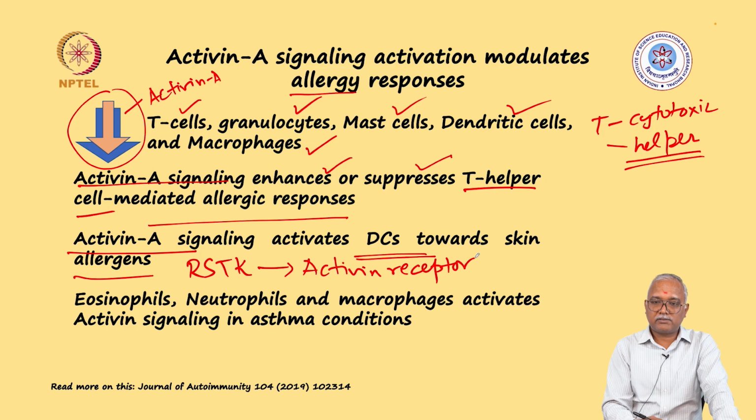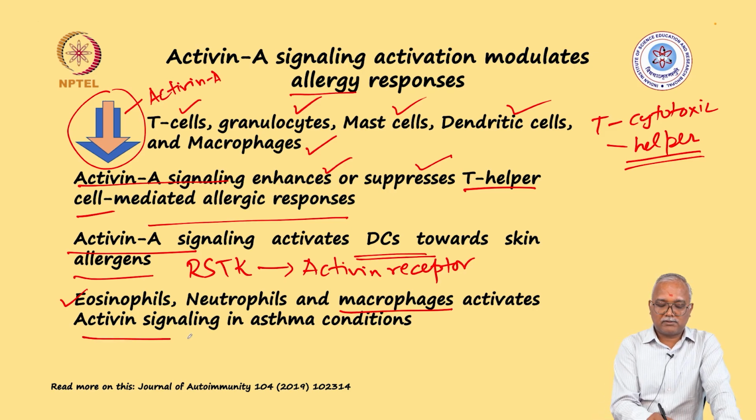Further, in cases where you have inflammation or an allergen is present, the granulocyte cells, eosinophils and neutrophils, reach the location and release their contents, the granules which are there, and macrophages are also activated in those regions through this activin signaling.